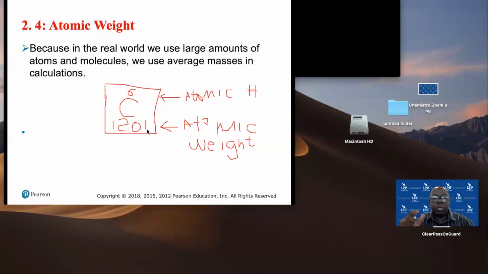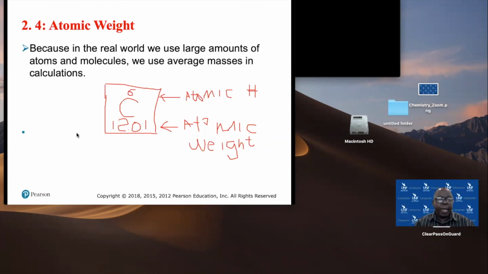Why? Because of the isotopes. And there is a way they calculated that. If an element doesn't have isotopes, such as technetium, number 43, with the parentheses 98, that means it doesn't have isotopes.